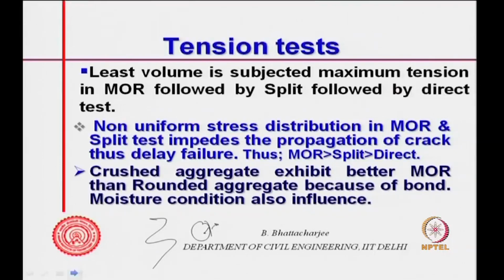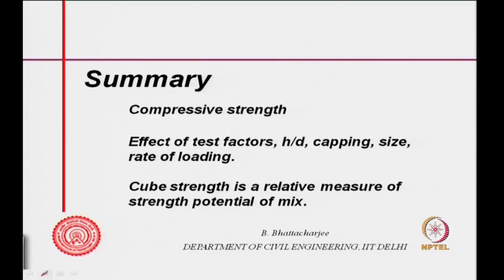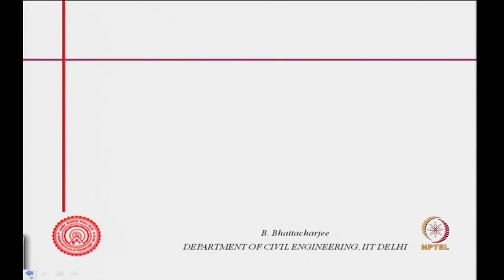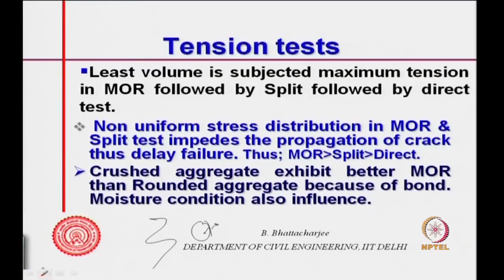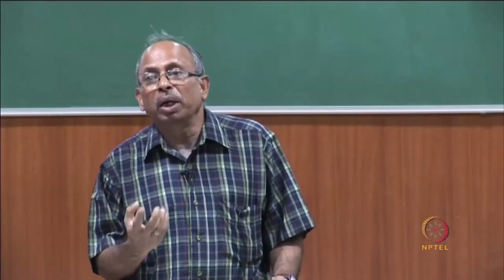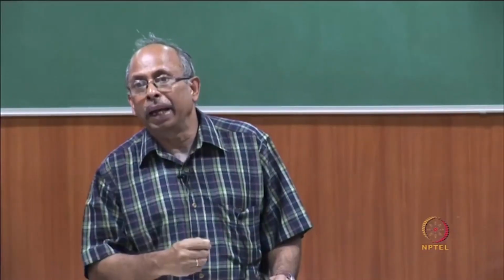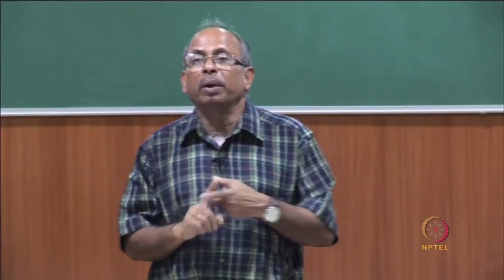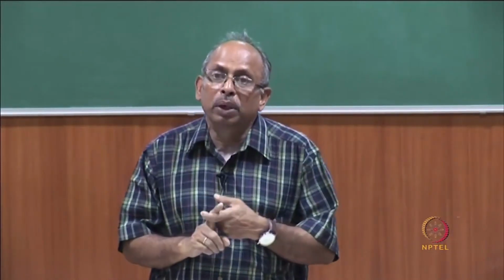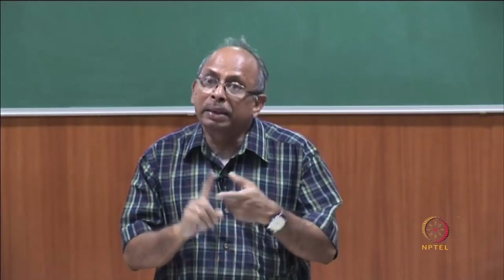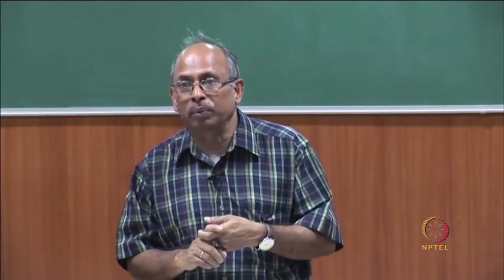Moisture condition also influences, but in a different manner. How does it influence? I think I have shown the diagram earlier: higher moisture content actually shows higher tensile strength, unlike compressive strength. Why?